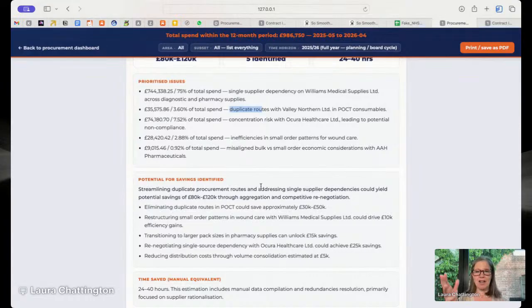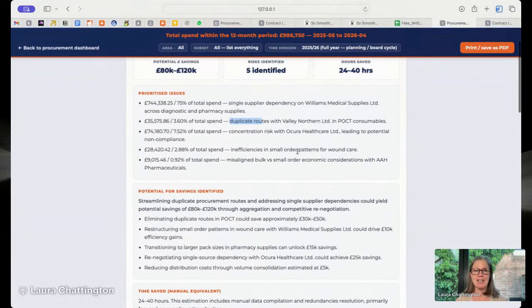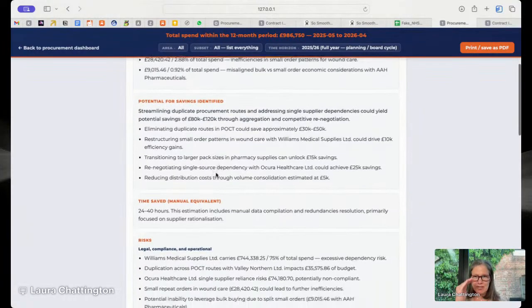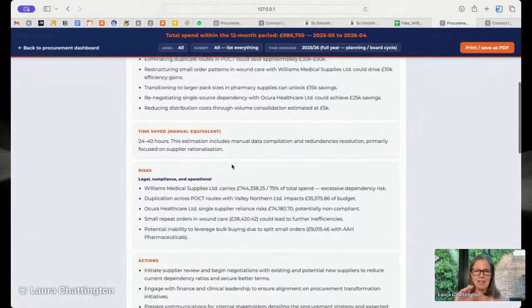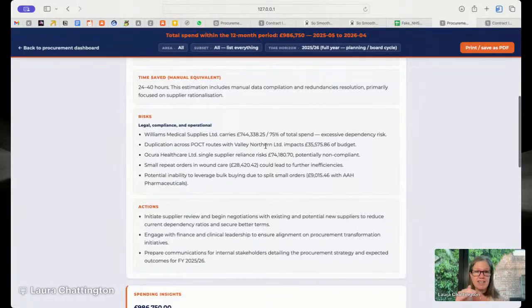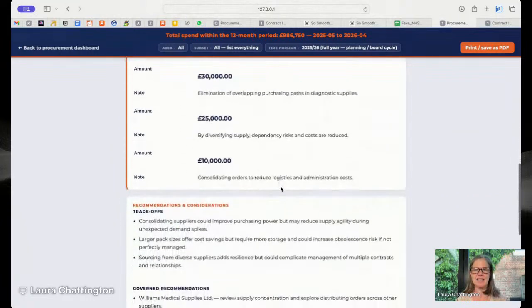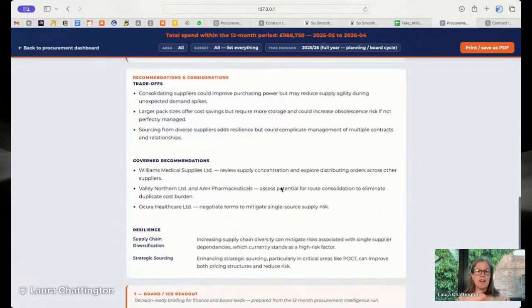This is actually for urgent healthcare, this data set. So inefficiency in small orders, people ordering the same thing over and over again without getting those economies of scale. Misaligned bulk versus small order economics. So it's identifying potential savings, risks such as excessive dependency risk that impacts budgets, some compliance issues, and looking at some of the trade-offs as well, right?